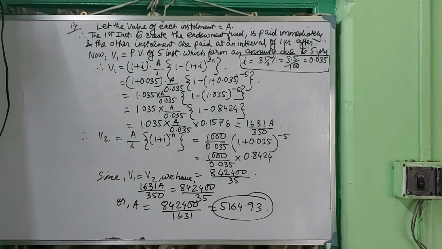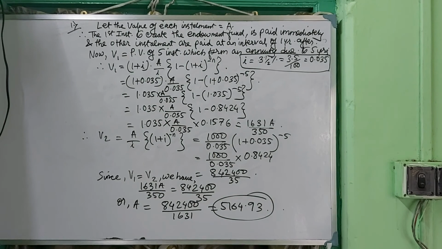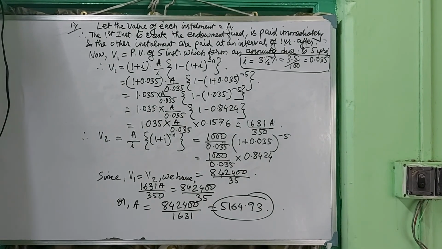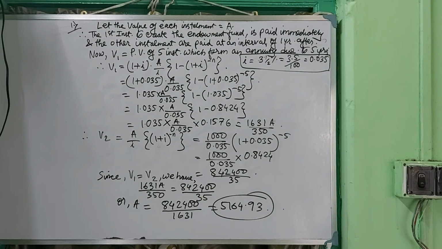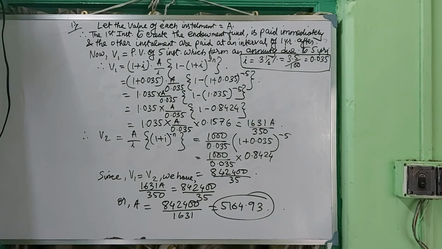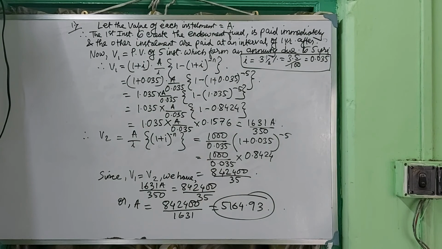Obviously, you have to calculate it in terms of endowment deposit, because we know each installment should be equal. So what will be the value of investment due, and the second installment will be the same, A by I into 1 plus I whole to the power minus n. It should not be calculated after, because 5 installments it has to be finished.